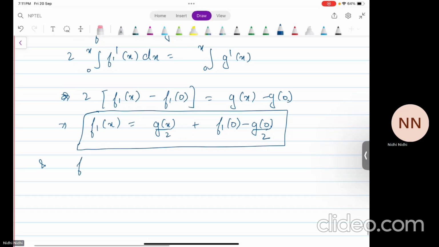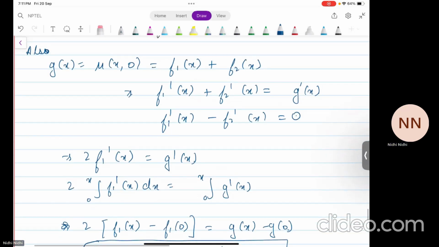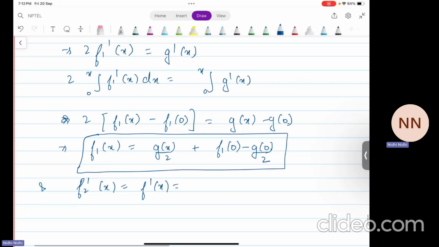And f2 dash x is equal to f1 dash, from here f1 dash is equal to g dash x by 2.